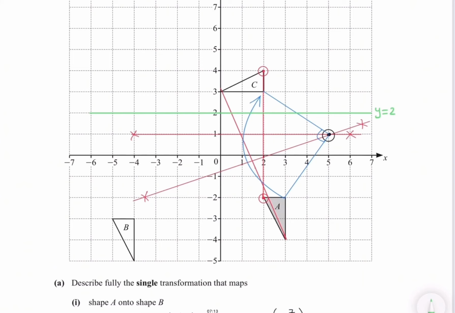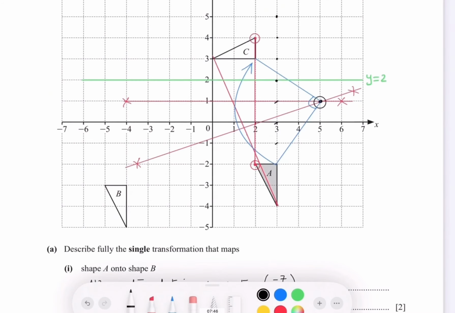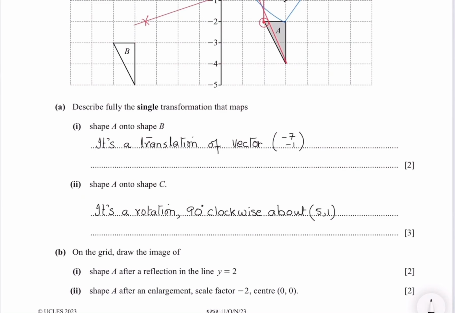Count every corner of triangle A to the line y is equal to 2 and then move the same distance on the other side of the y is equal to 2 line. Like this, 1, 2, 3, 4. So go 1, 2, 3, 4. This is the first point, second point is here, and the third point is here. Join them and you have done the reflection in the y is equal to 2 line.